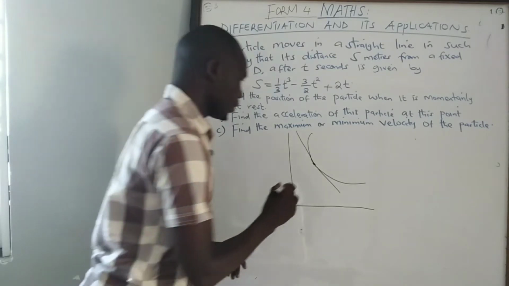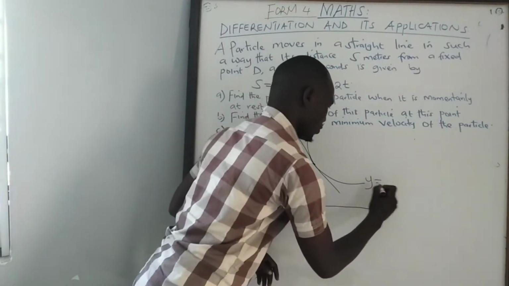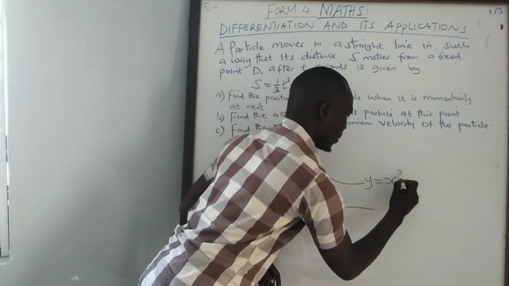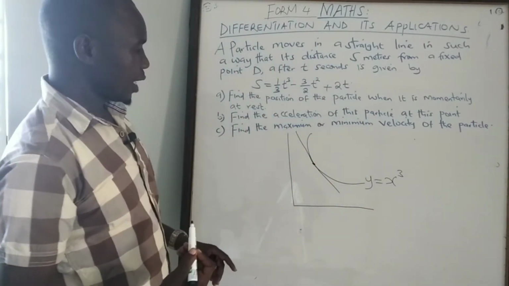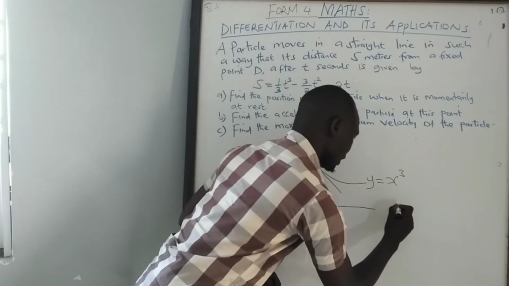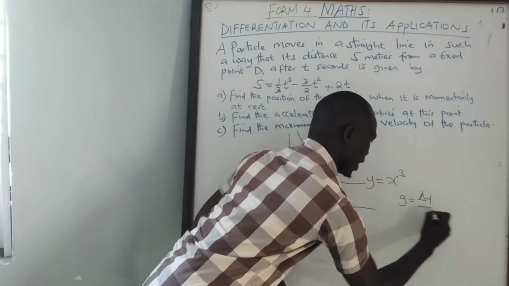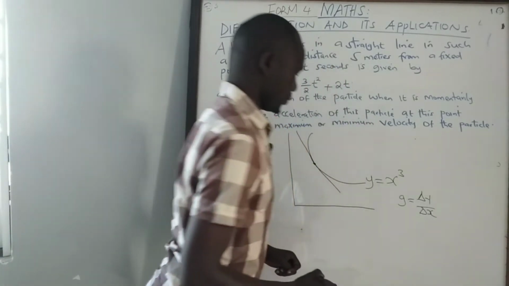But what if the curve is given by the function y = x^3, and you want to find its gradient? The gradient of a curve is given by the change in y over the change in x.